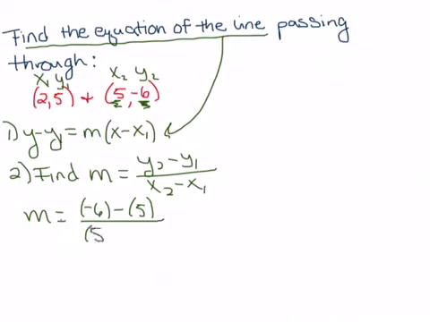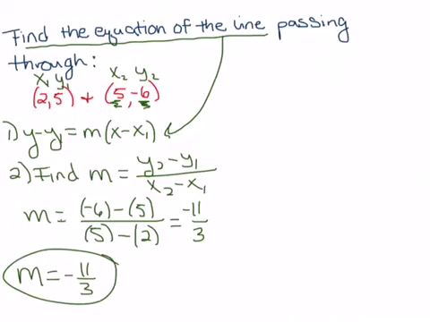So that will be x2 minus x1, which is 5 minus 2. Okay, let's simplify. Negative 6 minus 5 is negative 11, and 5 minus 2 is 3. So we have the lovely slope of negative 11 thirds.